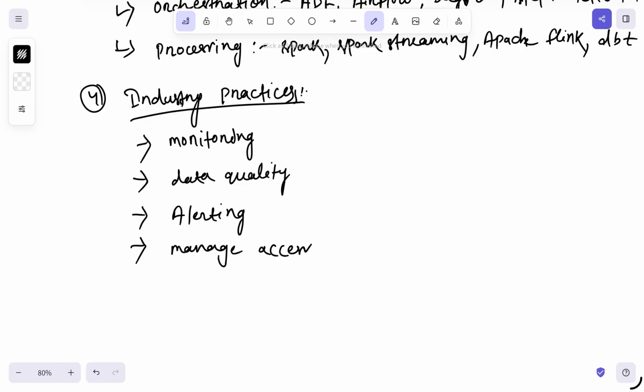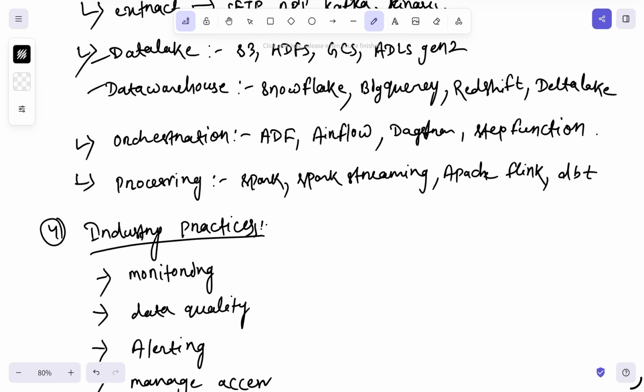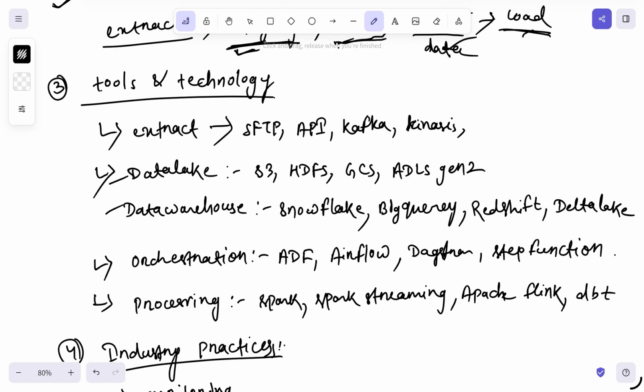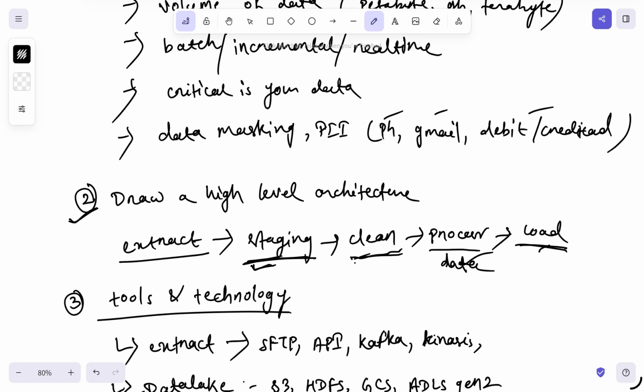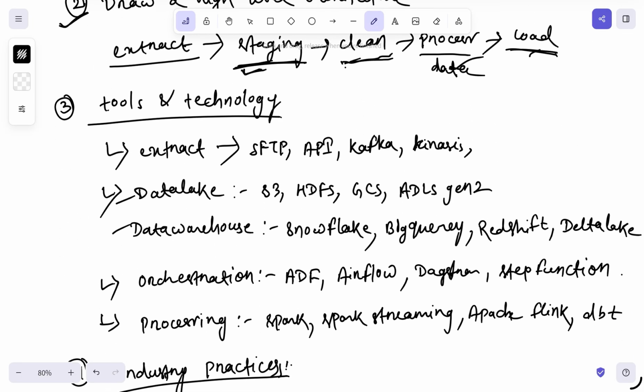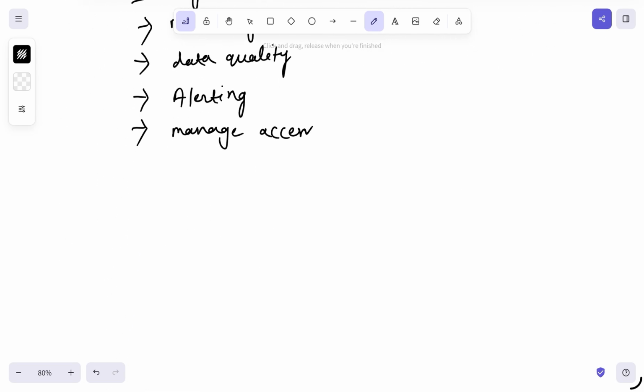What businesses are most focused on is how to reduce the cost. Once you design the system, like how your data flows from source to destination, the last thing is some cost optimization step.